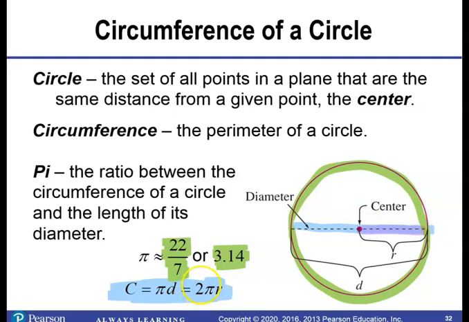So when they say 2 times r, that's the same as saying d. So you just do pi times d if you want to use all the way across, or 2 pi r if you want to use just the radius, which is halfway across. But always the diameter and the radius go through the center of the circle. So let's keep going. You can do problems like that. I think there's some examples coming up, but I don't think you're going to struggle with those at all.